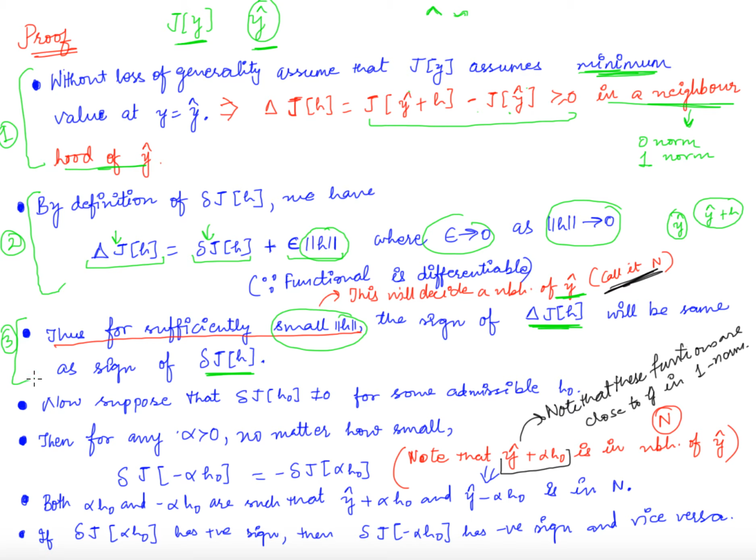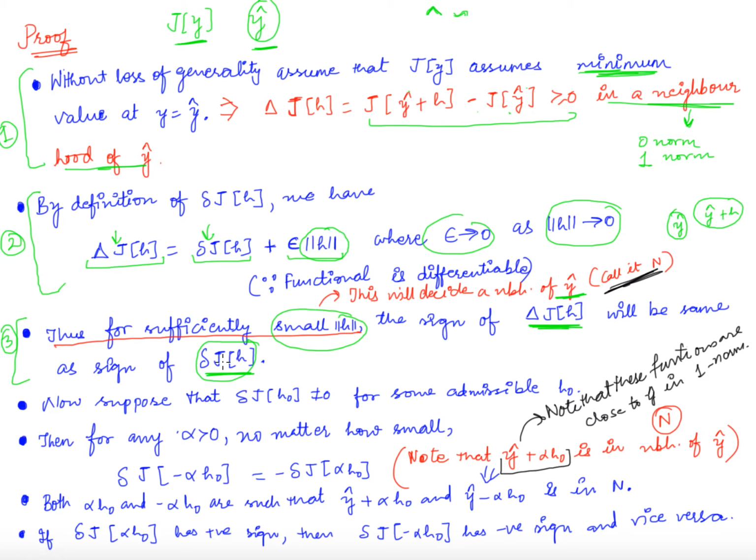And what we want to prove is that this variation is 0 for all admissible functions. That is the conclusion of our theorem, that is what we want to prove. So we will go by our usual weapon, that is by contradiction. Suppose this is not true.